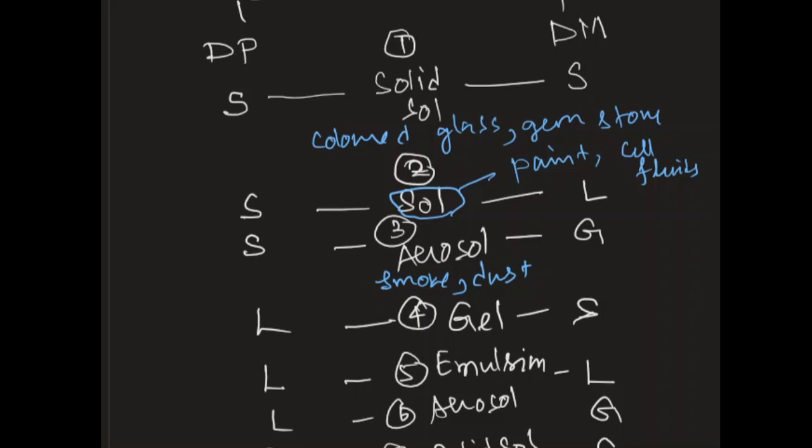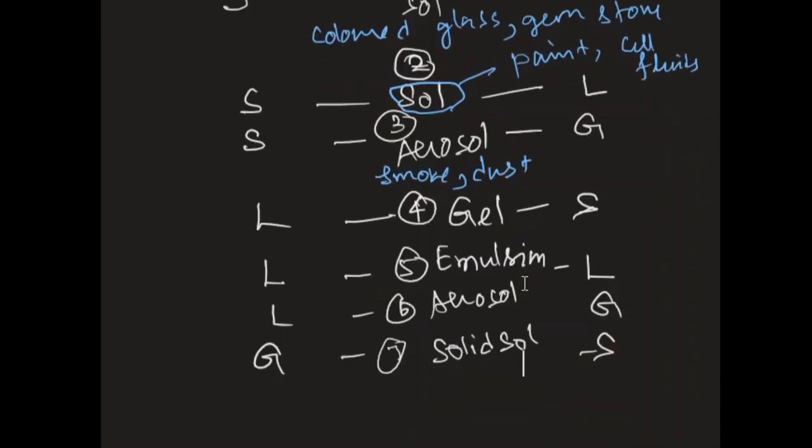Then we have gas liquid, that is the frothing, is it not? So it's called foam. Gas liquid is the eighth type, that is foam.